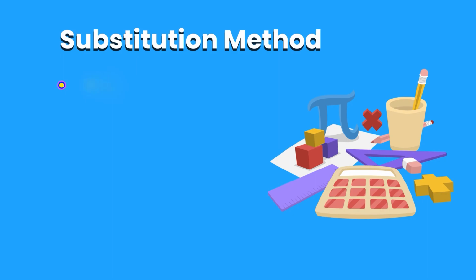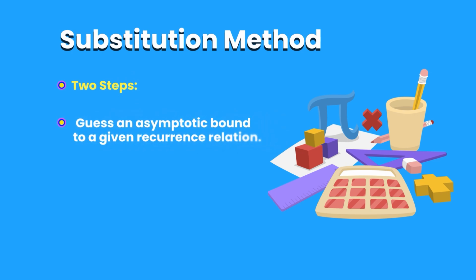Let's try it with the help of substitution method. Let's define the substitution method first and then solve a particular recurrence relation in terms of time complexity using this method. It is a two-step process. In the first step, we guess an asymptotic bound for a given recurrence relation.